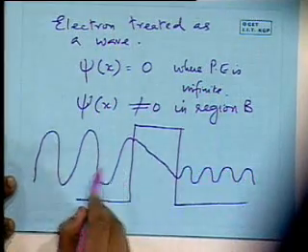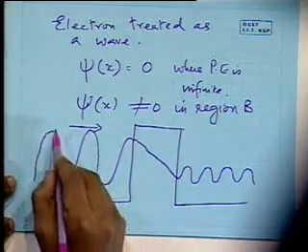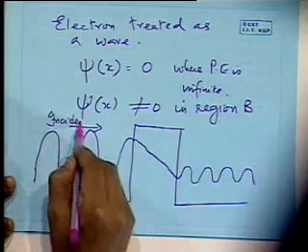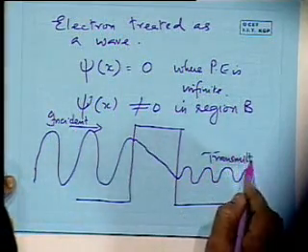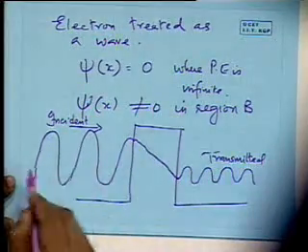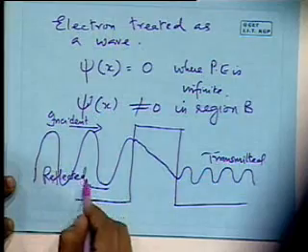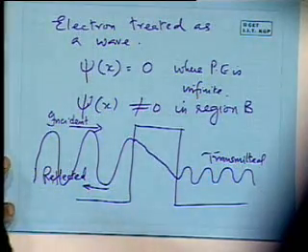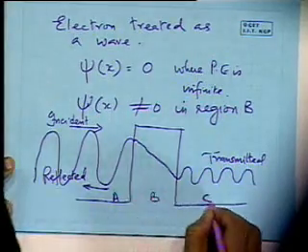This is the incident beam, incident wave, okay. This is the transmitted wave, and there may be a reflected component in this direction. And the regions are defined as before as A, B, and C.